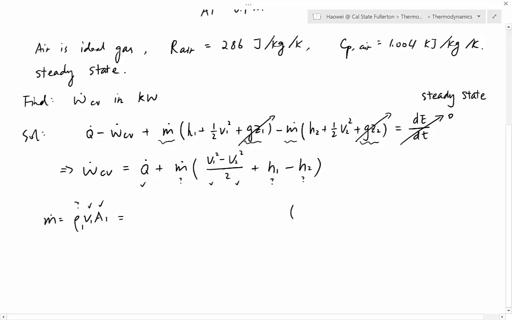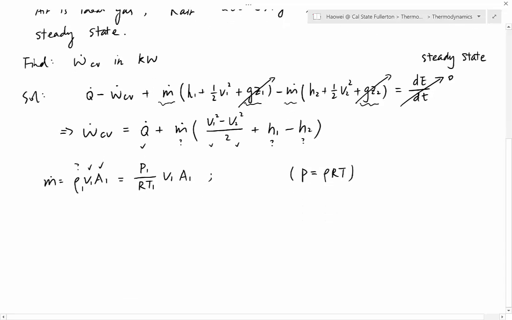What is the ideal gas equation? P equals rho R T. So from the ideal gas equation, we can rewrite rho 1 as P1 over R T1, and then continue with V1 A1. So now we have everything. We plug in P1, which is 1 bar, so convert 1 bar to Pascal, divided by R, the gas constant for air, 286, multiplied by T1.